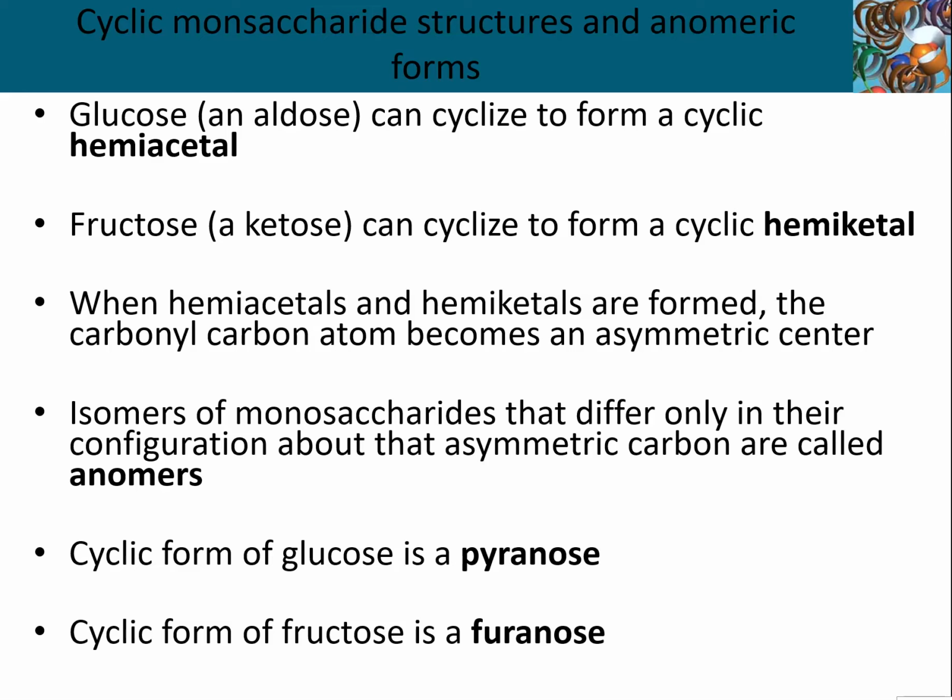Now, more special terminology. Once again, if you're taking a standardized test, you're going to have to know these. The cyclic form of glucose is called a pyranose, and the cyclic form of fructose is called a furanose, and that's because of their likeness to classic ring structures of a pyran and furan ring.